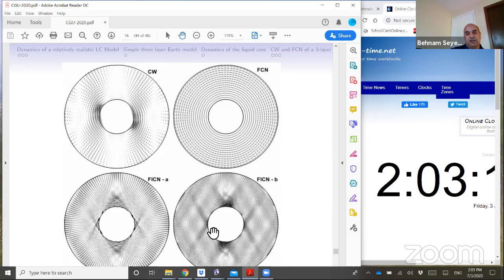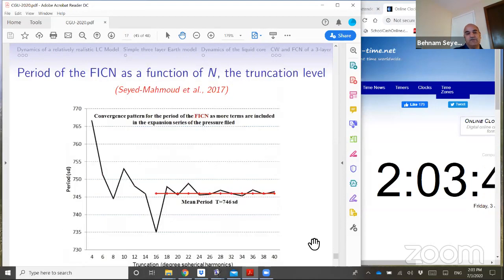You can see that even though the fluid is inviscid, we can very clearly see the characteristic lines. And the characteristic surfaces are intercepted by the inner core, and we believe that that's why the convergence is very slow.